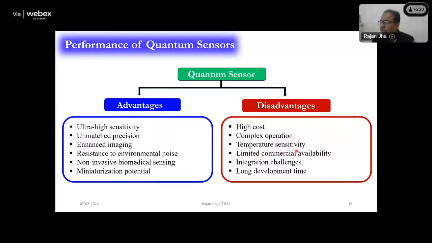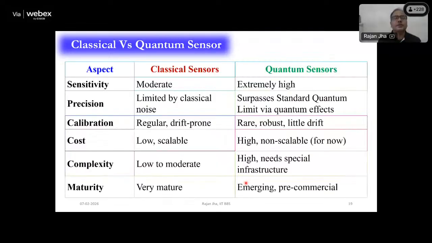So there is limited availability of quantum systems, for example, quantum computers. Integrating them the way classical systems are integrated with day-to-day activity is going to be another big job at hand. These will take time. It is not coming very soon, so it will take time for the development.